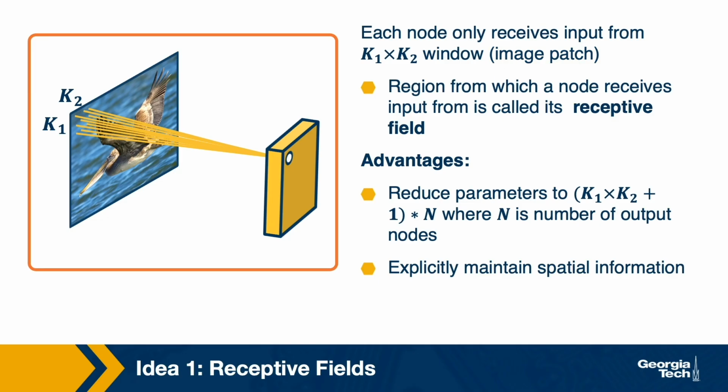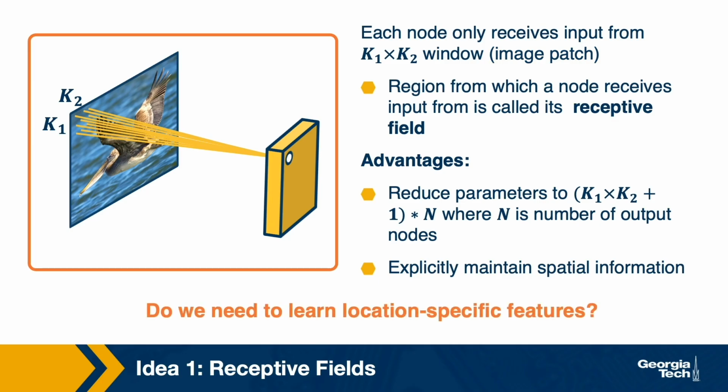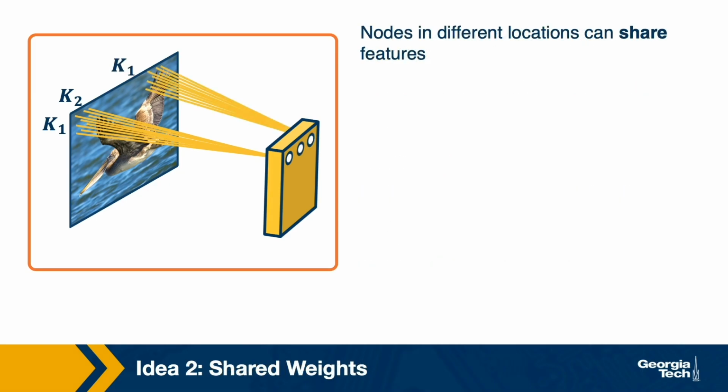We can think about the fact that I mentioned before in terms of features not existing in particular locations. Do we really need to learn a node that extracts specific types of features, as represented by the K1 times K2 weights, in a particular location in the image? And the answer is no. What we can have is nodes in different locations sharing features or weights.